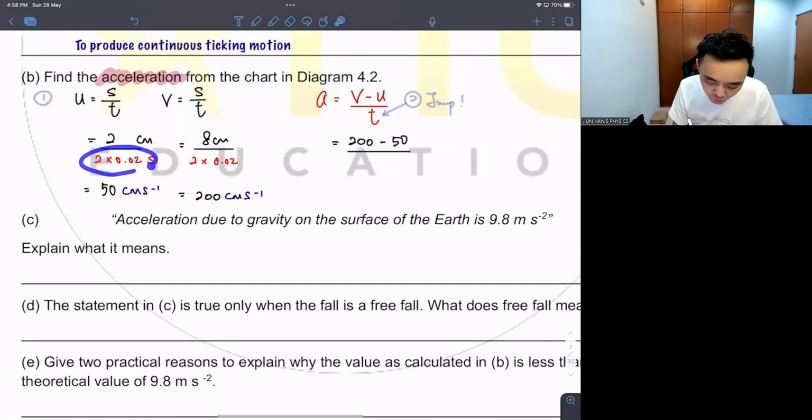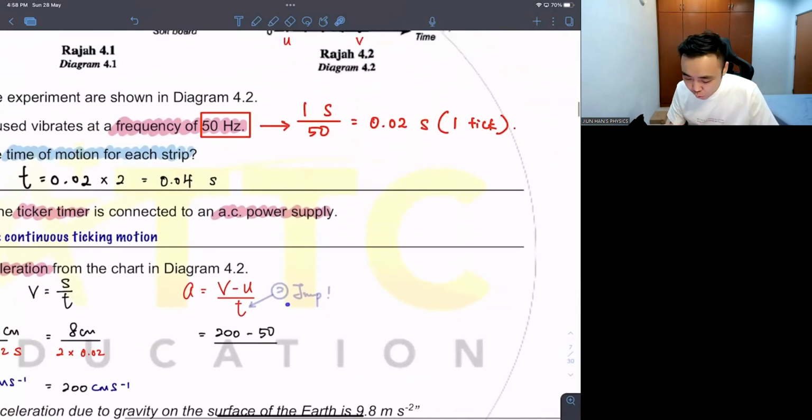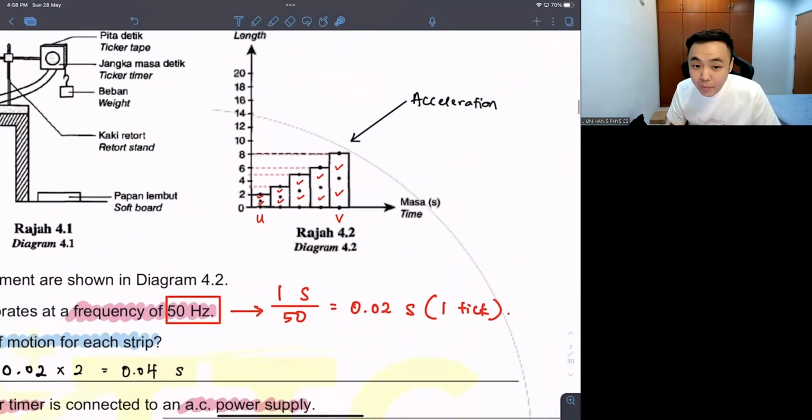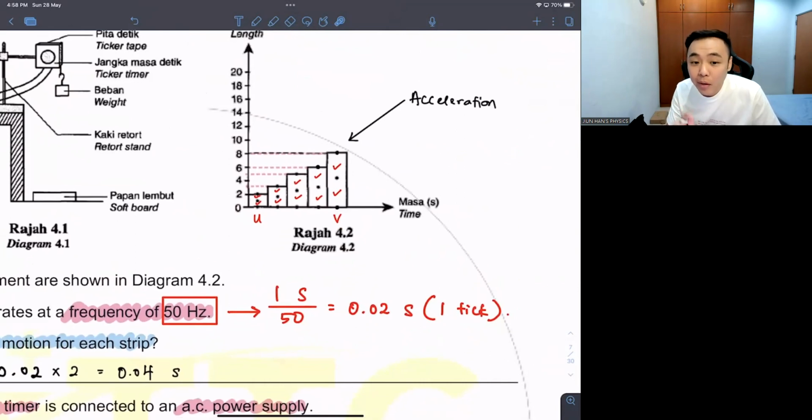This one, why is it 2? 2 ticks. But here, jump, how to jump? Look. This one, how to jump? Now, please don't jump one by one. Like you say, oh, this one I know, we jump one by one, we do this, 1 jump, 2 jump, 3, 4, 5, 6, 7, 8. This one easy, why? Because every one of them is one tick.